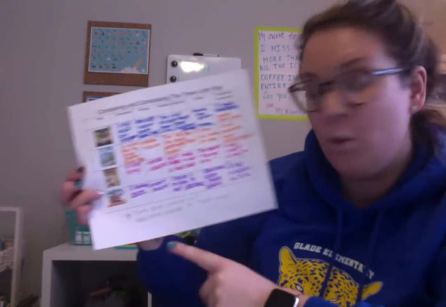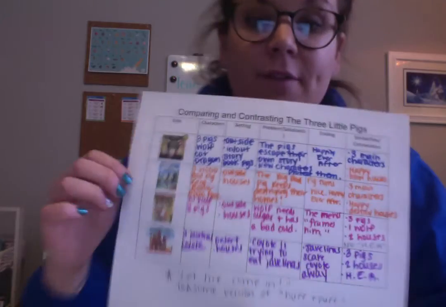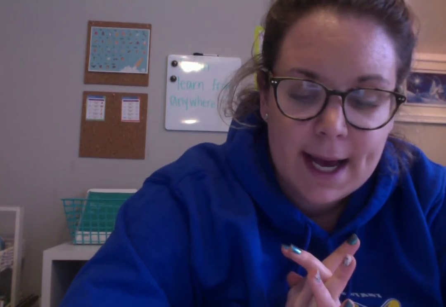So yeah, and then one thing I put at the bottom that was a big connection I made for all 4 stories. I had noticed that all 4 stories used some version of the dialogue or the bad character saying, "Let me come in." They all use those words at one point.